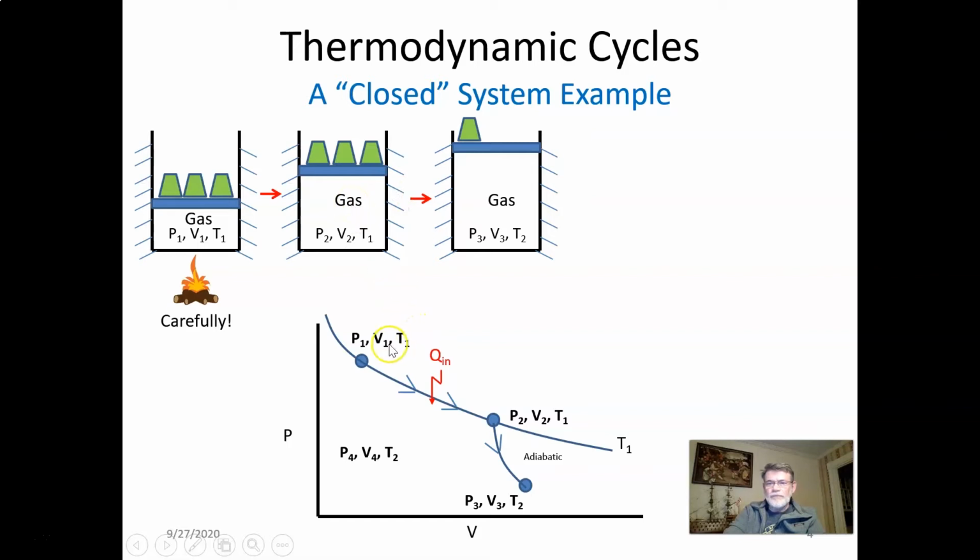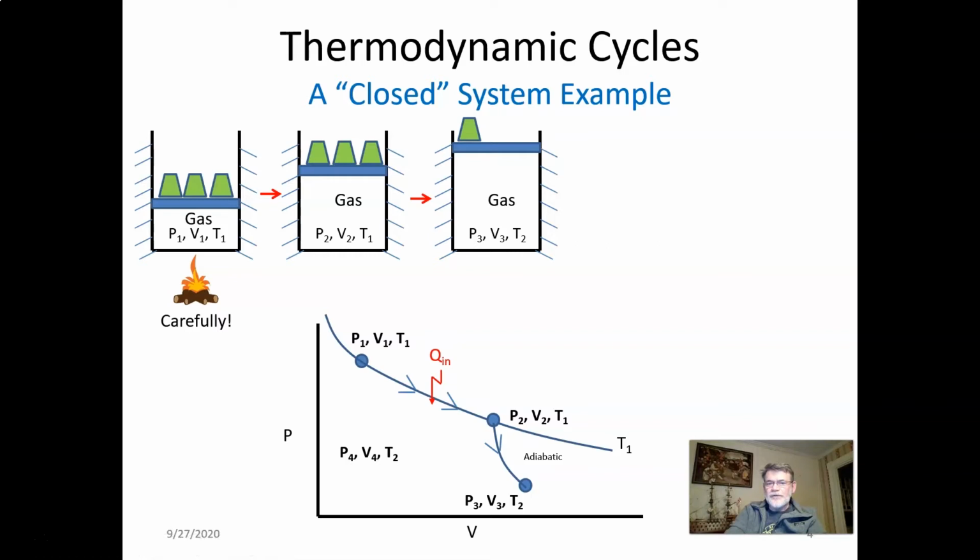During the process from P1, V1, T1 to P2, V2, T1, heat is transferred from the source, the fire, to the gas, and we maintain the temperature. We will note the heat transfer by Q in into the gas, which comes from the fire under the cylinder.